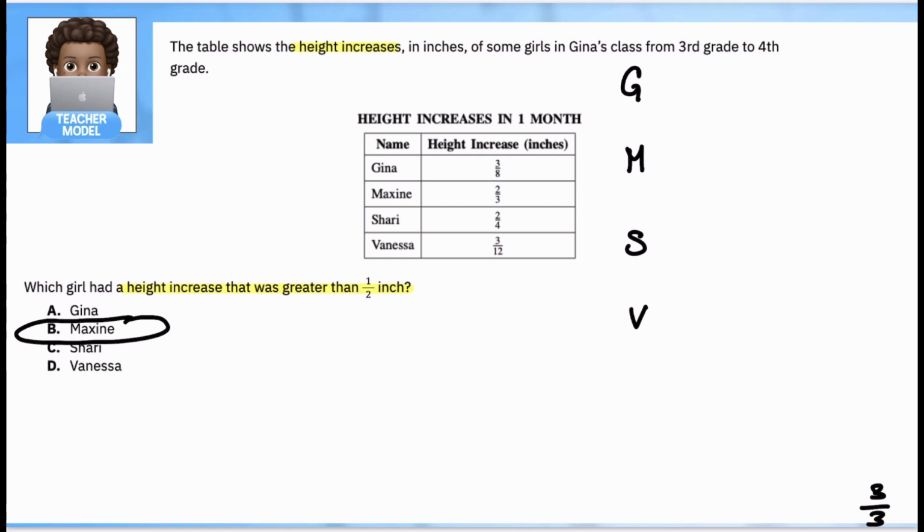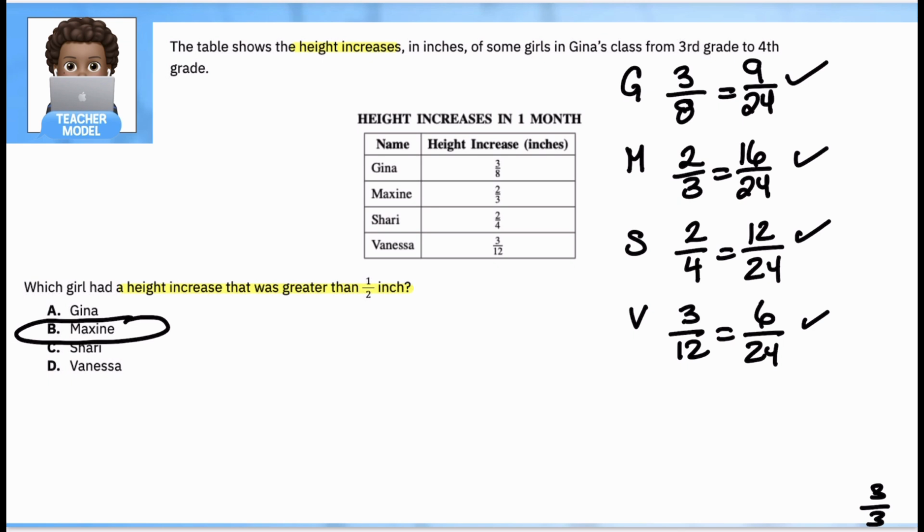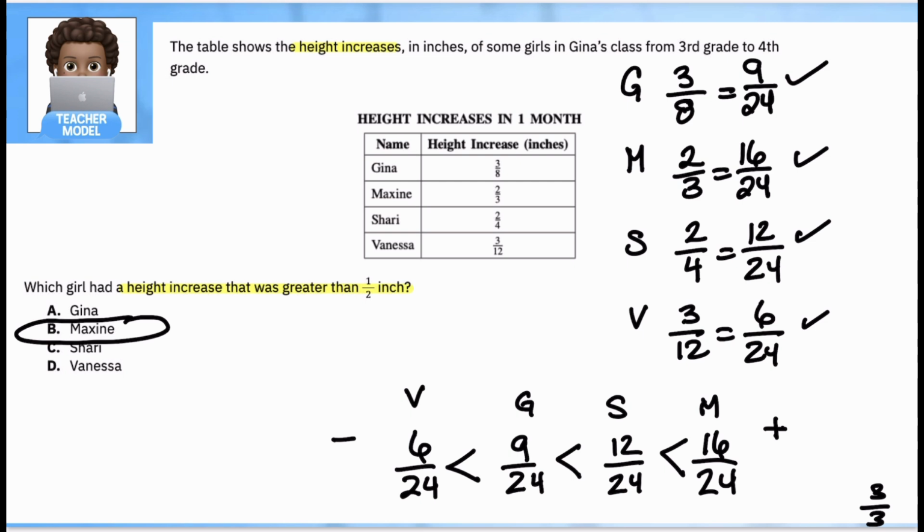So first thing we did was I looked at all the answers from Gina to Vanessa, and we created equivalent fractions. It's so much easier to compare, and I set them all to 24. So there's the work there. And then after I did that, I ordered them from least to greatest, so we can see from Vanessa all the way to Maxine.